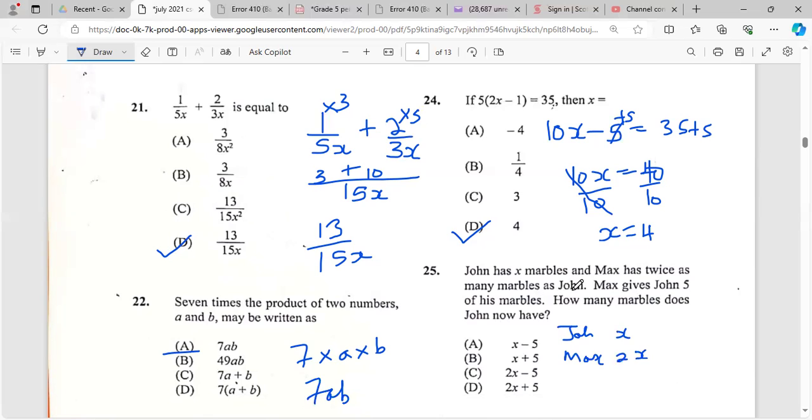Then it says Max gives John 5. So Max will decrease, because if Max gives away 5, his marbles will decrease, while John gets them, so his will increase. And the question asks how many marbles John has now. So John would be x plus 5, so that's B.